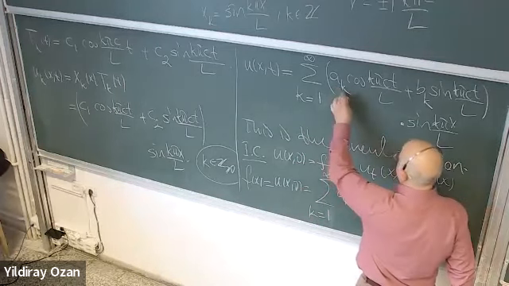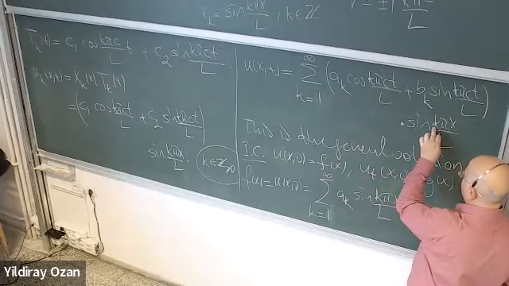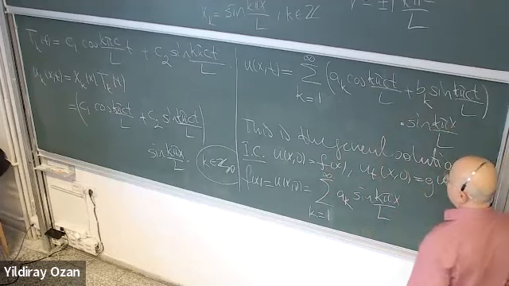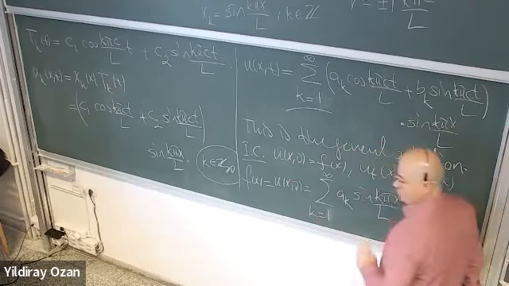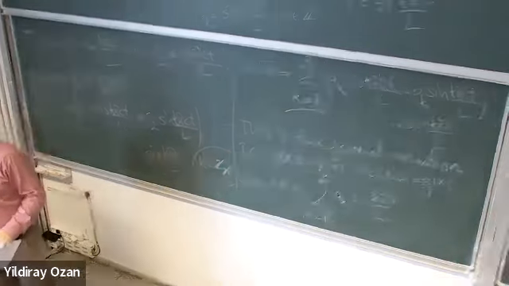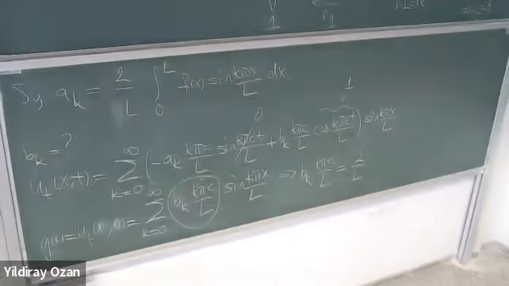Potentially, there is a 0 term here, but since k equals 0 just kills this guy, everything is gone. Therefore, I can just start from k equals 1, so I don't have to deal with it.